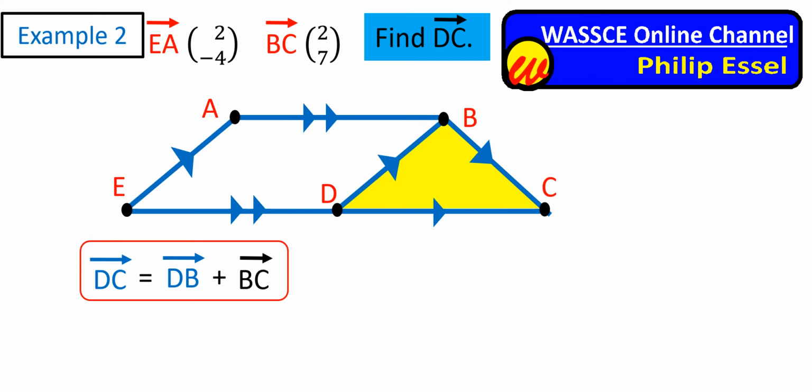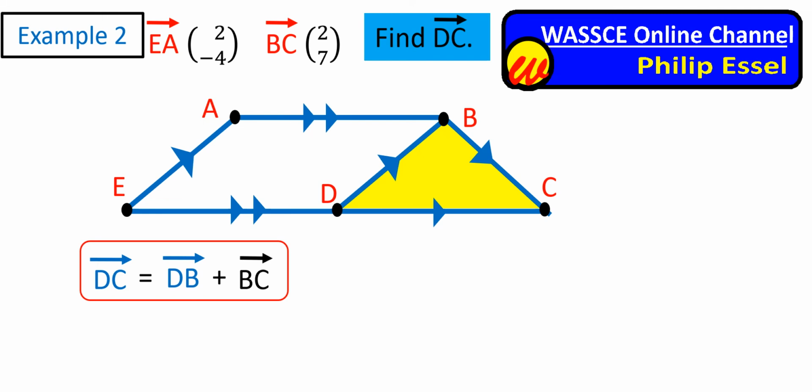The question is, how did we come up with this equation? Remember that when we move from the point D to the point C, this movement can be represented by the vector DC. Now this movement can also be done in another way.